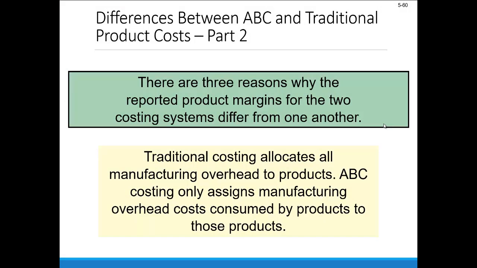Now, a few things to think about in terms of why those are different. Our traditional costing allocates all manufacturing overhead to products. ABC, though, if you recall, only assigns manufacturing overhead costs consumed by products to those products, meaning all those things like the org sustaining costs don't get assigned to any products or any customers if those are the cost object instead.